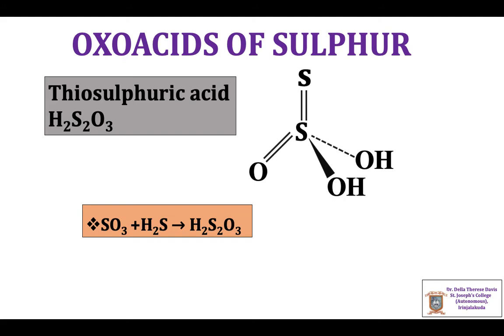The molecule has a tetrahedral structure with sulfur as the central atom, bonded to two OH groups by single bonds, one oxygen atom by double bond, and there is a S double bond S present in the molecule, and thus it is called thiosulfuric acid. It is formed when SO3 reacts with H2S.